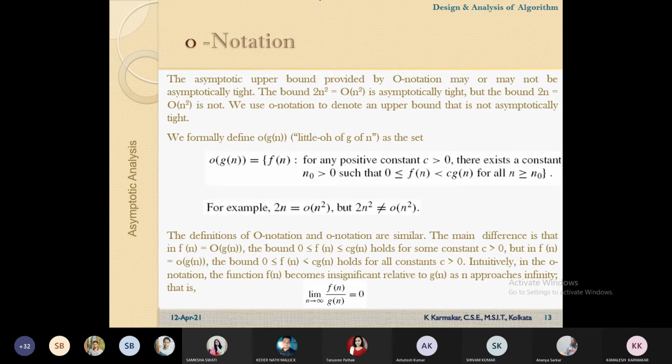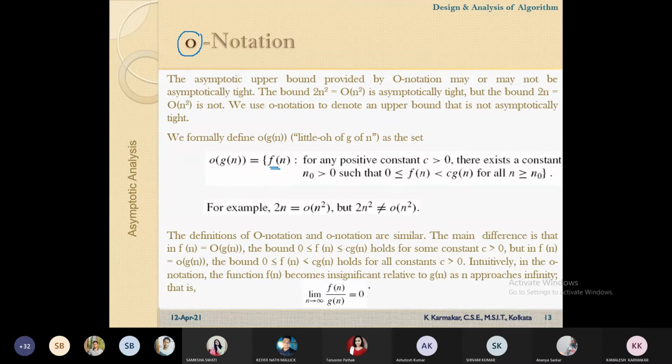In those cases, mostly we use some other notation, and this notation is small o notation. How will it be represented? Assume the given function is f(n).